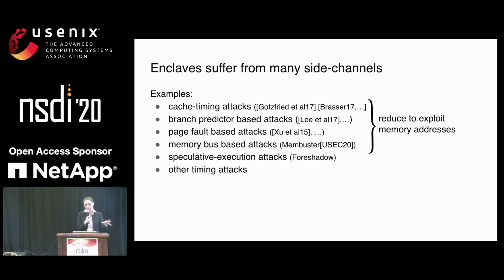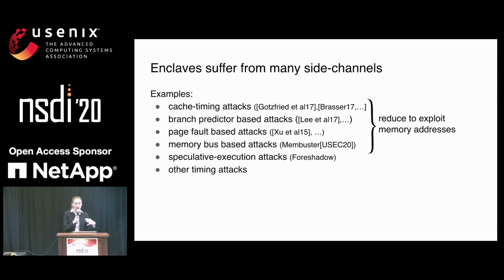The data is encrypted in memory, but when you go and get something from an address, that address is not encrypted. So the attacker can extract it in various ways, either through cache timing, by seeing which addresses are loaded in the cache, or through the branch predictor, or from the memory bus. And if these addresses depend on secret data, then they can leak secret data.